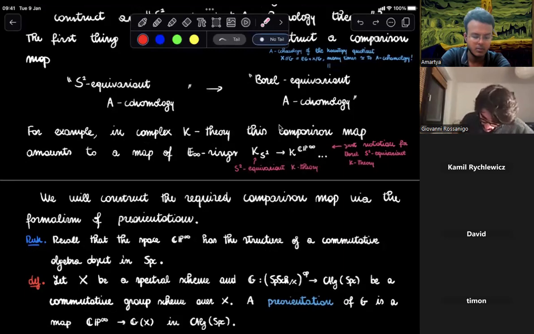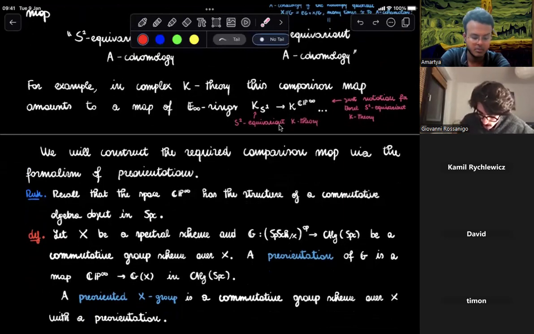Okay, the definition of the pre-orientation is the following. We start with a commutative group scheme over a spectral scheme X, in full generality. So we have a functor which is representable by some spectral scheme G, flat over X. A pre-orientation of G is given by a map from the infinite complex projective space to the global sections of the functor G, as commutative algebra objects over spaces.